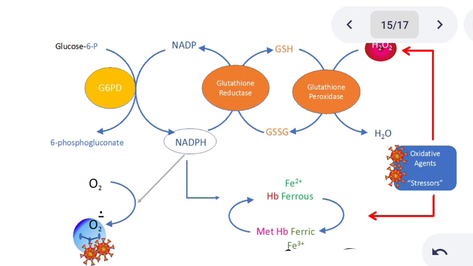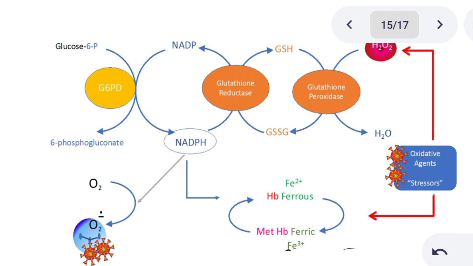But the downside of it, like I said, is that people with G6PD deficiency develop hemolytic anemia. But what you should understand is that this hemolytic anemia is asymptomatic. In many patients, it doesn't show at all, until you take some triggers, some oxidative stressors or oxidative agents. For example, fava beans, which are also known as broad beans.